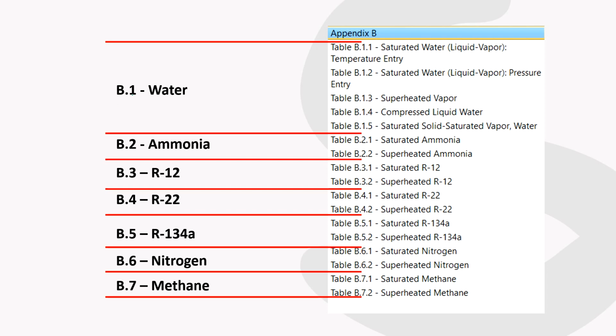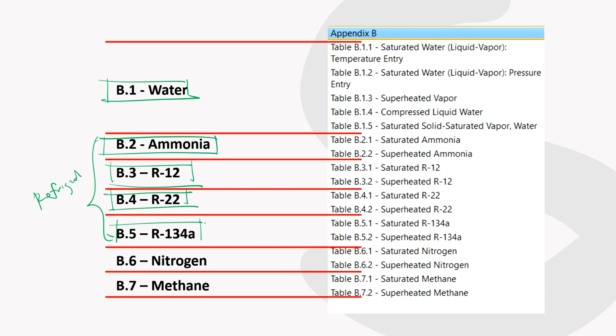We have the table for water, that's B.1, and B.2 is for ammonia. That's a type of refrigerant. Actually, here they are refrigerants. Then table B.3 is for R12, B.4 is R22, and B.5 is R134a, which are types of refrigerants. Then B.6 is for nitrogen and methane.